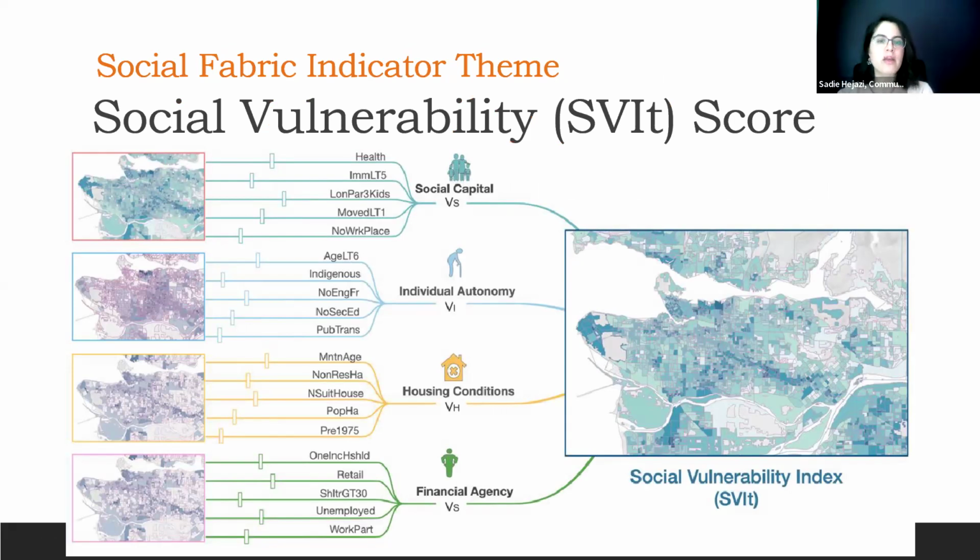We haven't gone through the report in detail because we just needed the data, but we wanted to know what was happening with it and then use it. Here, definitely some calculations happen, and you see the different components: social capital, individual autonomy, housing condition, and financial agencies. These factors affect this index, which comes out as low to extreme.